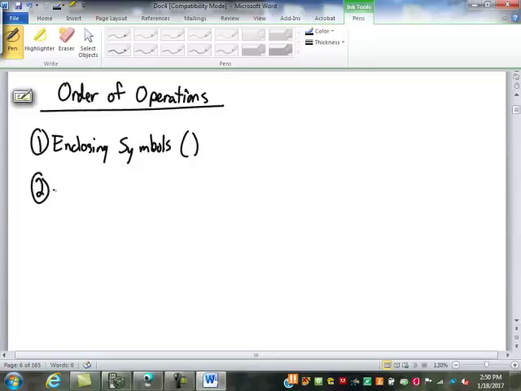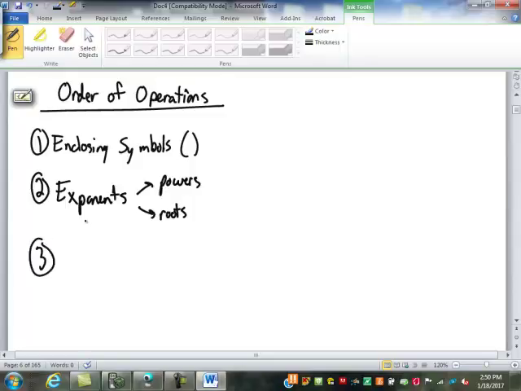What's the second level of priority? Does anybody remember? Level 2 is exponents. There we go. Remember, exponents include powers and roots. We haven't really encountered those with our variables yet, but we will at some point.